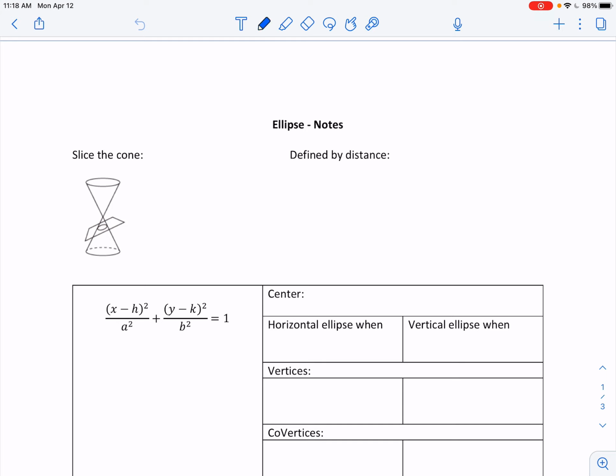We can also define this in terms of distance.